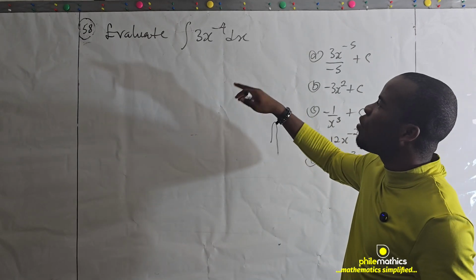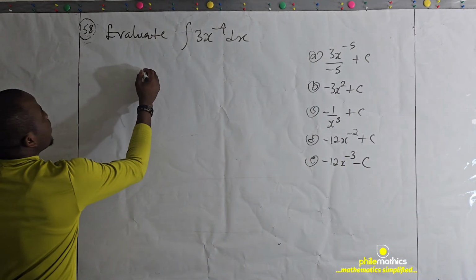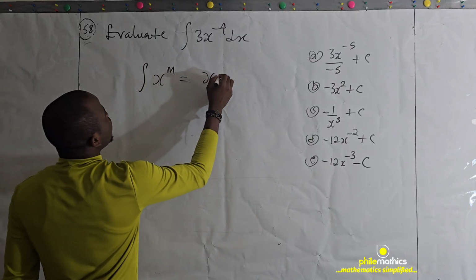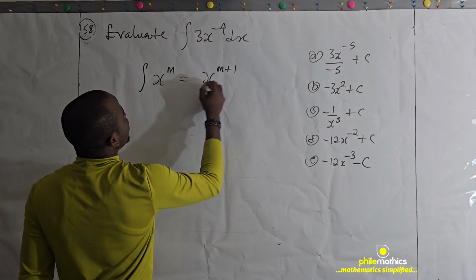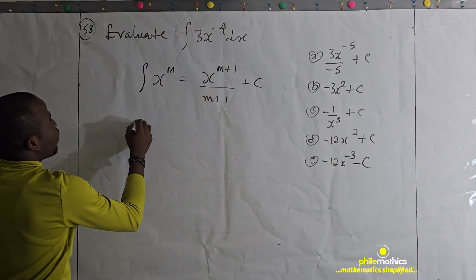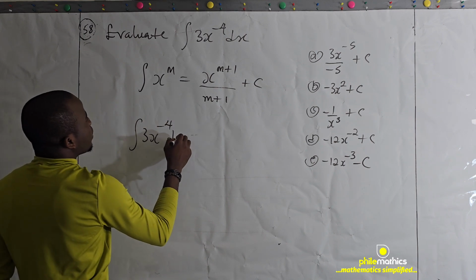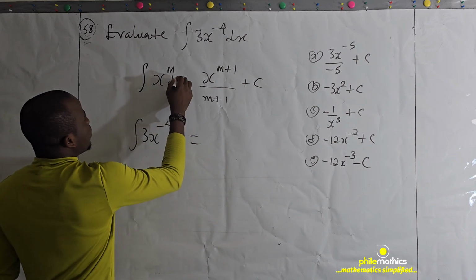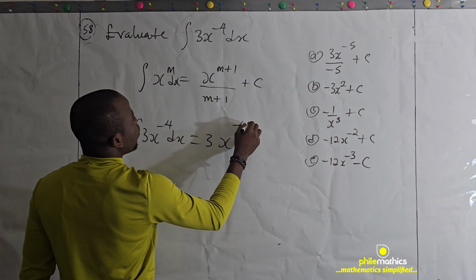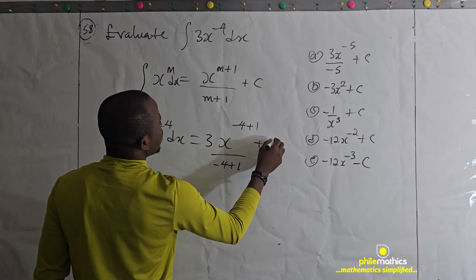Evaluate the integral of 3x to the power minus 4 dx. Recall that the integral of x to the power m is simply x to the power m plus 1 over m plus 1, plus c. So therefore, the integral of 3x to the power minus 4 dx is 3x to the power minus 4 plus 1 over minus 4 plus 1, plus c.